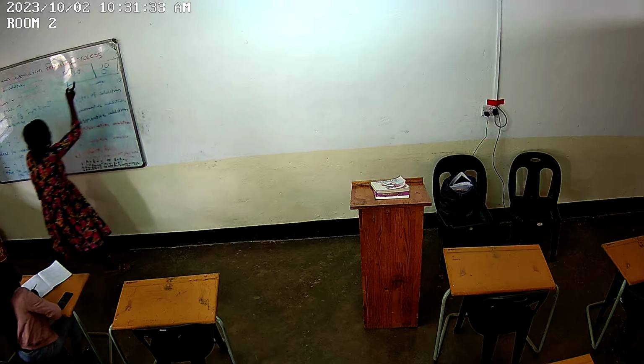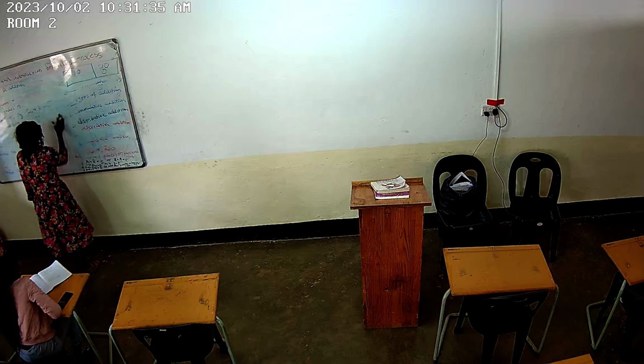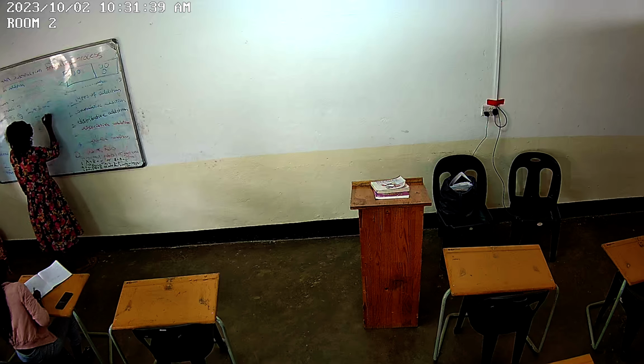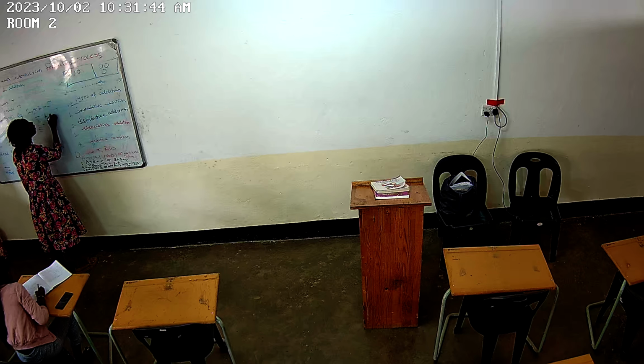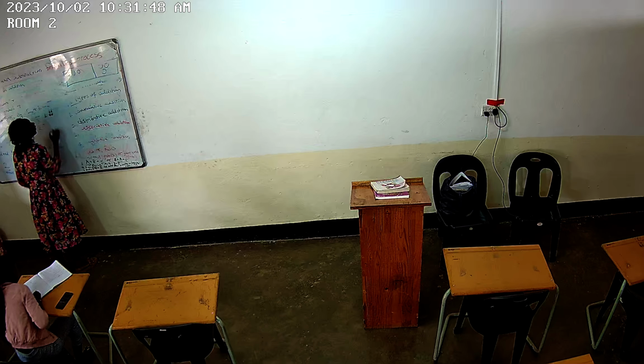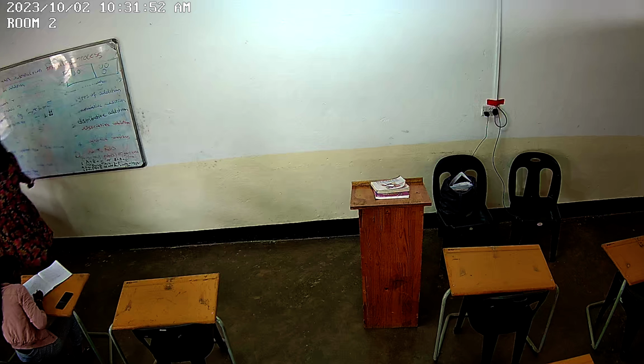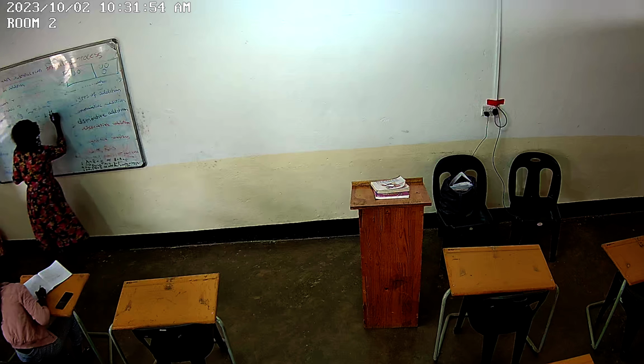Okay, let me give you an example. This is E now. Okay? We have 4 apples. Okay? This is our class size. Okay?